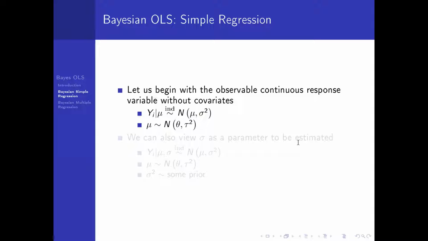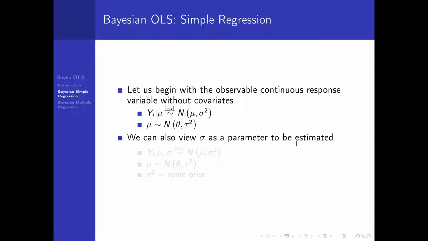Then we can use the probability density function given in the previous slide to set up the likelihood. And here, we can assume a prior for this mean, and we say it follows a normal distribution with a mean of theta and variance tau square. We can also view sigma, the standard deviation, as a parameter to be estimated. It turns out sigma square is much easier to handle.